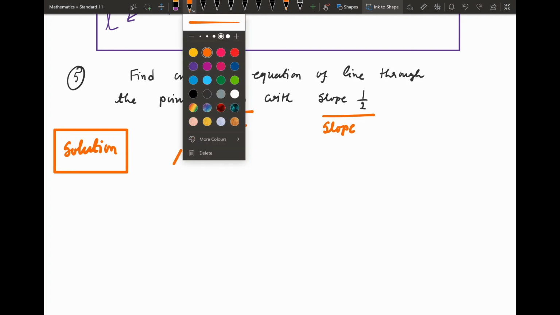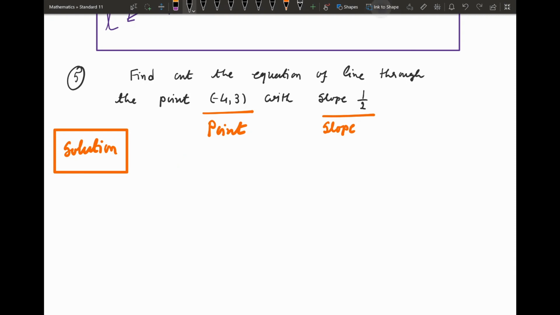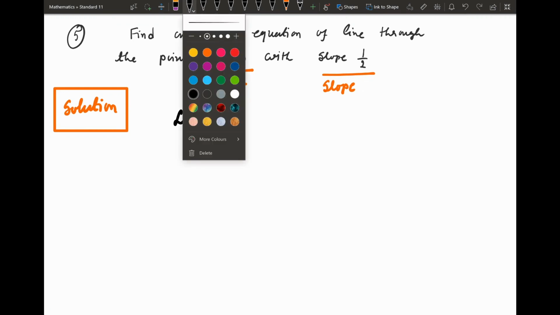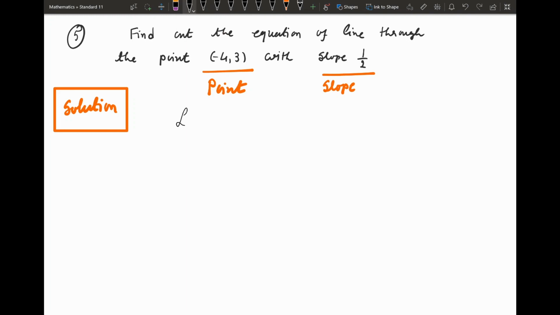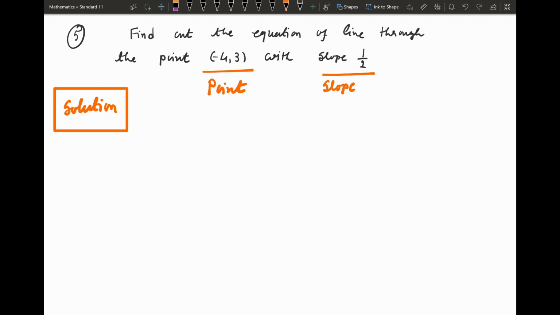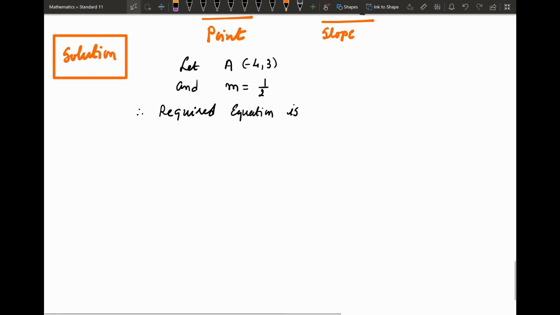Let the point be (-4, 3), and we are given slope m equals 1/2. So the required equation, using point slope form, is y minus y1 equals m into (x minus x1).